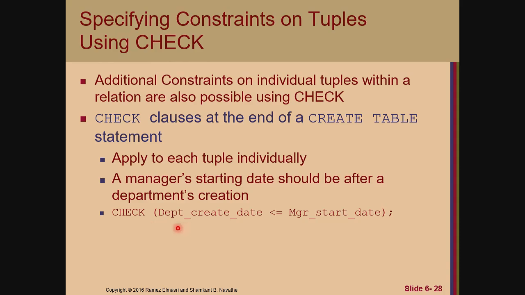Here, if you create a table you can add the check, for example, here department created less or equal to the manager start date, right? If the manager start date is less than that, someone becomes manager before you create the department, which is impossible. Okay.